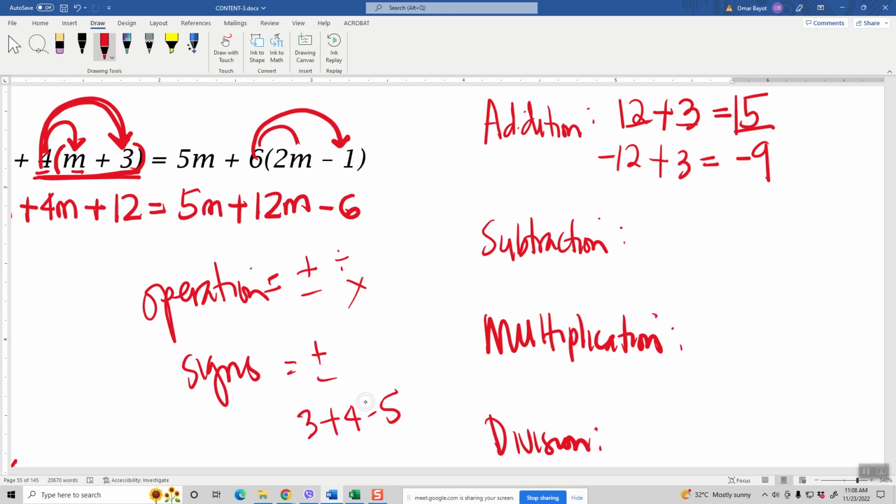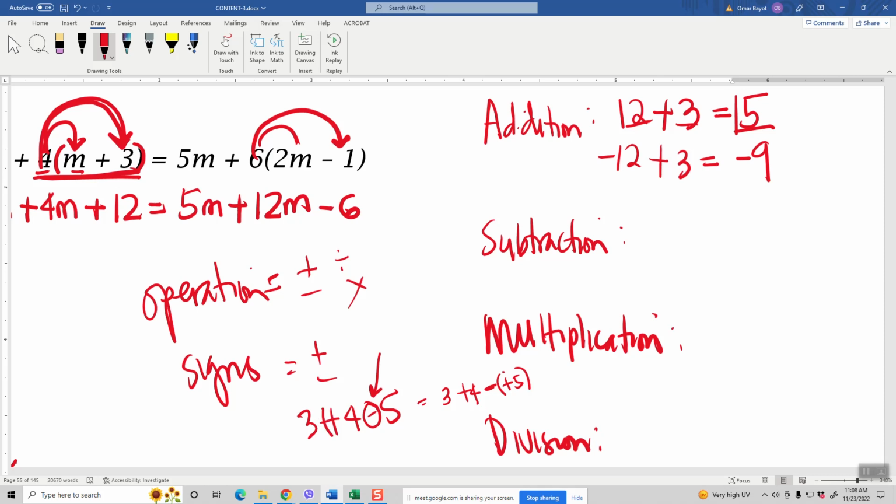Why? Because this is not the sign of 5. This is an indicated operation. It turns out that the form of this is like minus, like that. Okay? So, the operation is minus, but the sign of 5 is positive.